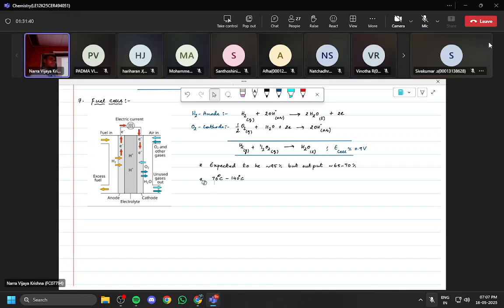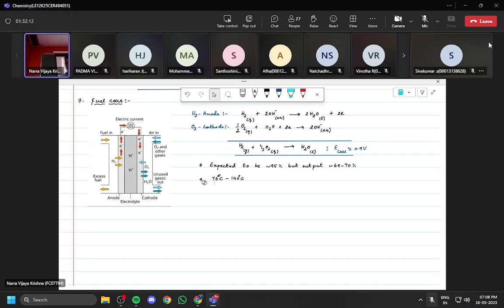Any other given? Check page number 130. Hydrogen oxygen fuel cell is used in spacecrafts as a source of electric power. That's all. Combustion of fuels such as H2, CO, methane can be converted directly to electrical energy in fuel cells. Here I am taking hydrogen oxygen.